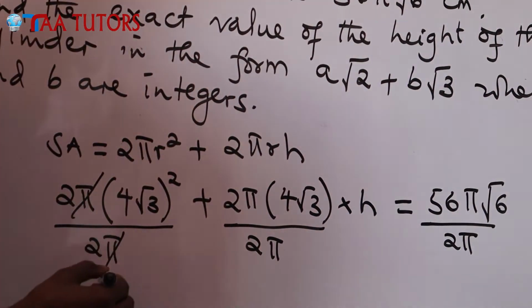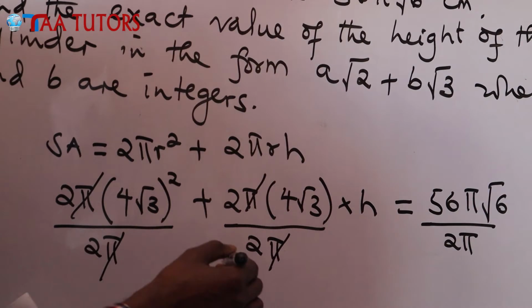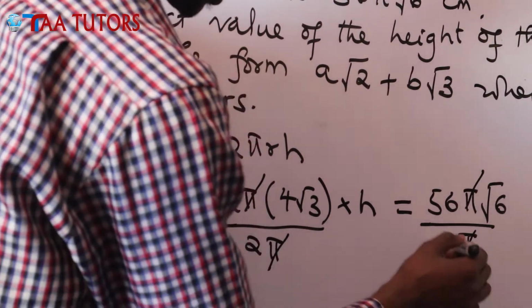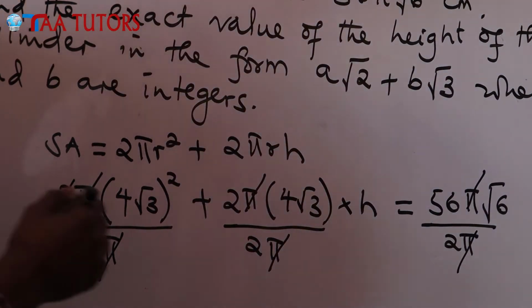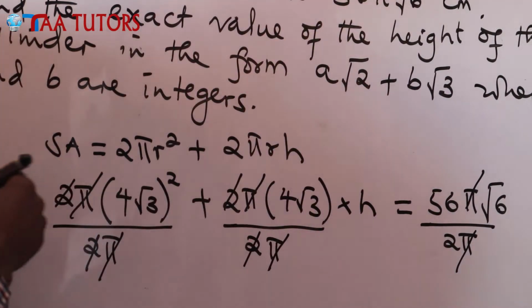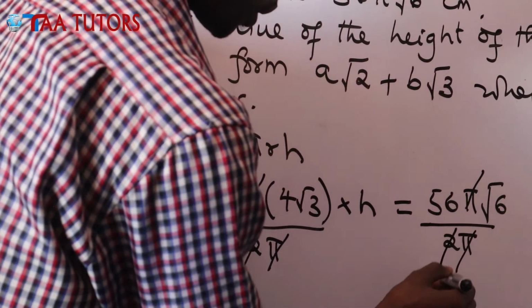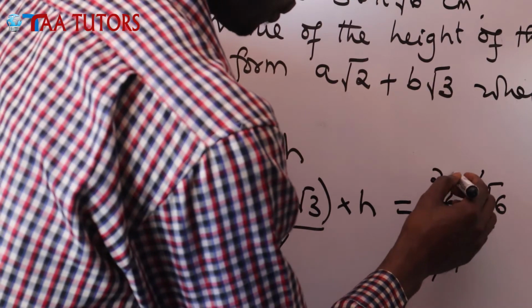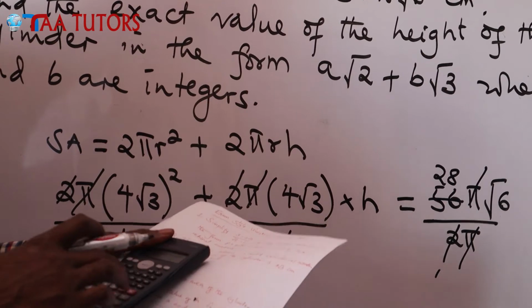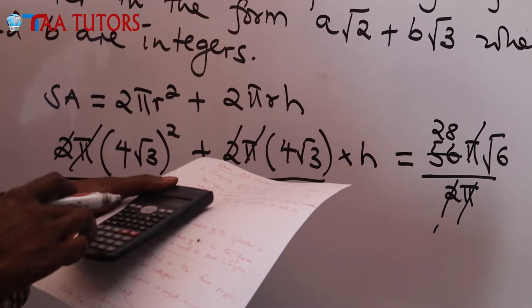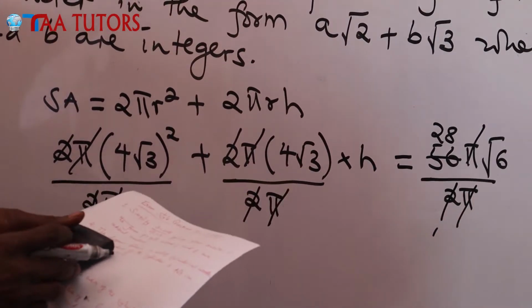Pi and pi will go. What about 2? This 2 and this 2 will also cancel. This 2 here will go into 56 here, 28, if I'm not wrong, because 28 times 2 is 56. So 56 divided by 2 is 28.